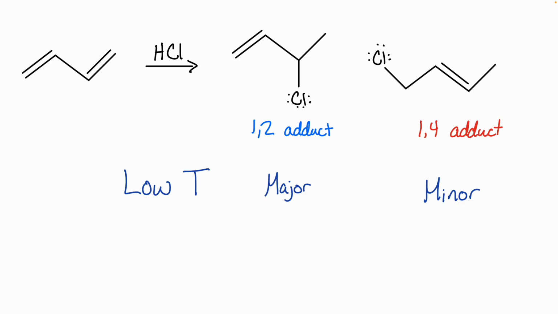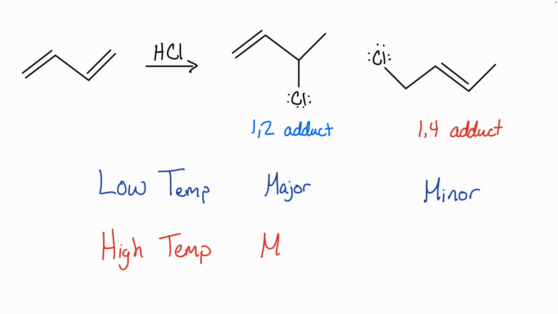If instead we carried out this reaction at high temperatures, we'd see the reverse. Our minor product would be the 1,2, and our major product, the 1,4 adduct.